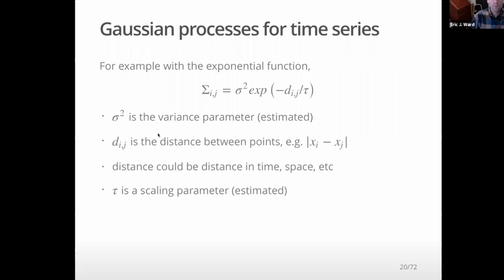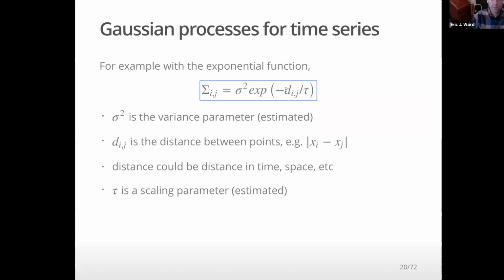So what this looks like in practice with the exponential function, for example, is that, as I talked about with the Gaussian process DFA model, each element of sigma, sigma ij, is just going to be some covariance that we specify as a function of sigma squared, which controls the overall magnitude of that function, as well as some decay parameter tau. And in this framework, d, or dij, is just data.